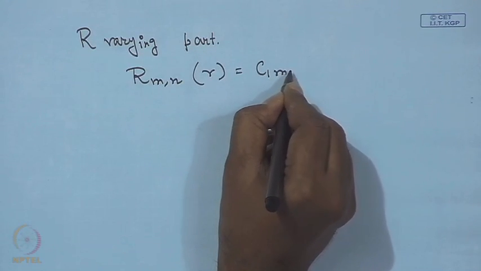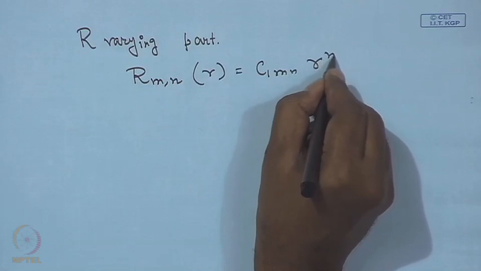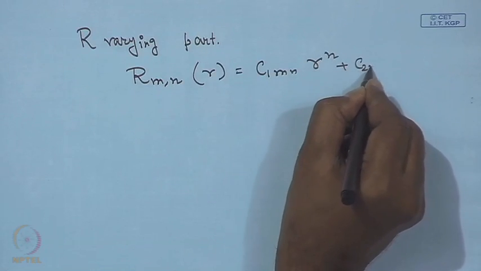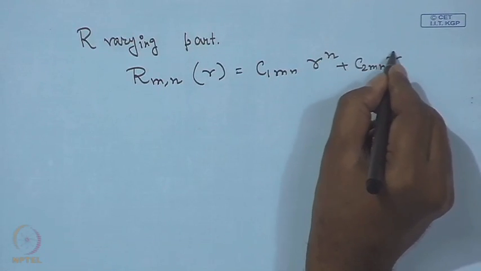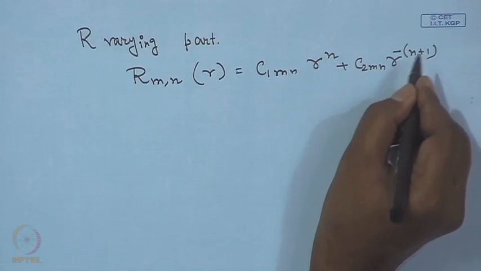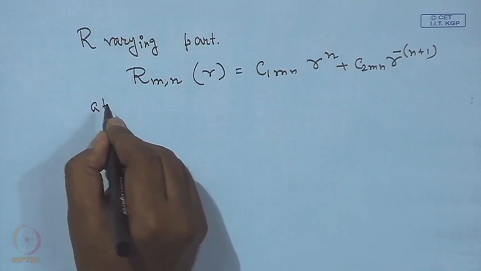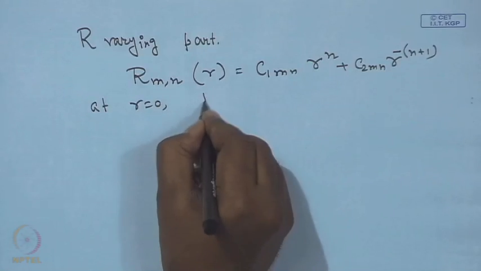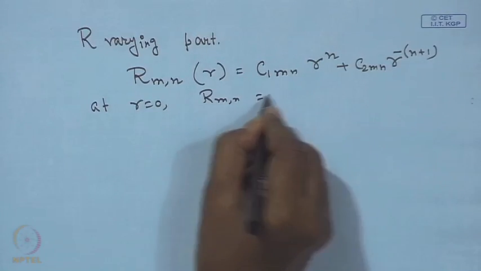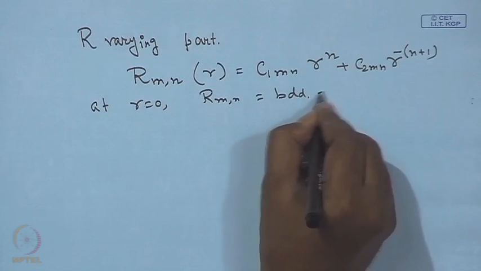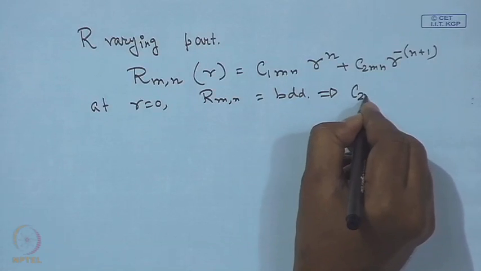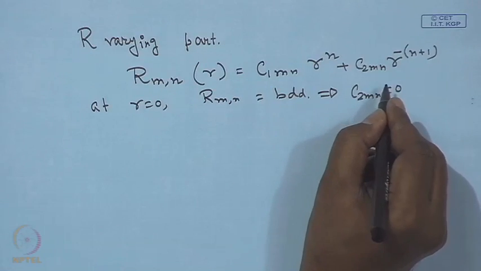We write it as C1 m n r to the power n plus C2 m n r to the power minus (n plus 1). In order to have a bounded solution at r equal to 0, R m n must be bounded. So, the associated constant must be equal to 0, so C2 m n is equal to 0.